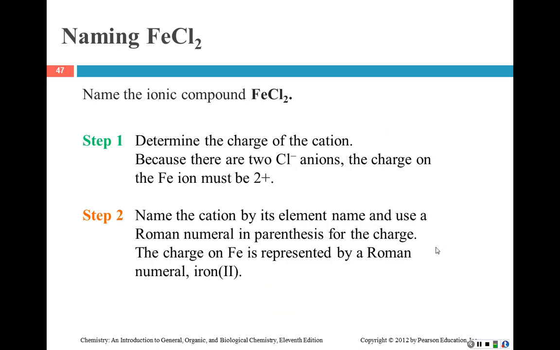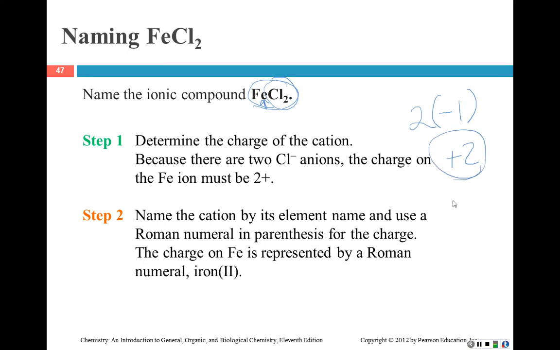So let's try iron something chloride. In order to figure out what the charge is on the iron, remember, I look at the chlorine, and chlorine and bromine and all those guys. I know that chlorine is a -1 charge. I see from this formula that I have 2 of those, but only 1 iron. So that tells me I've got to have a total of +2 on the iron.